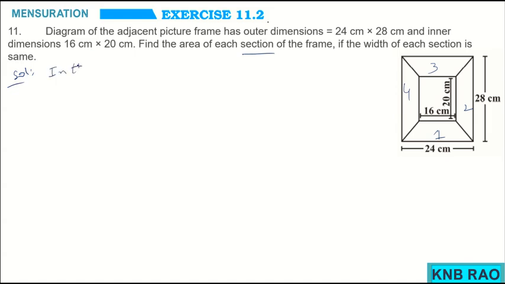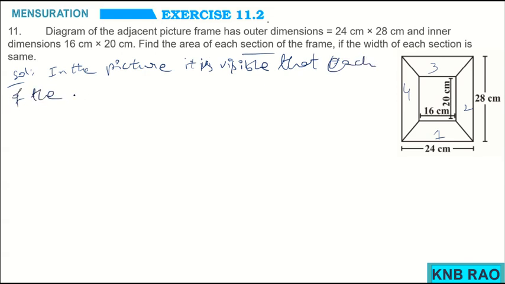Okay, so when we know area of trapezium, we can find each section. In the picture, it is visible that each of the section is trapezium.